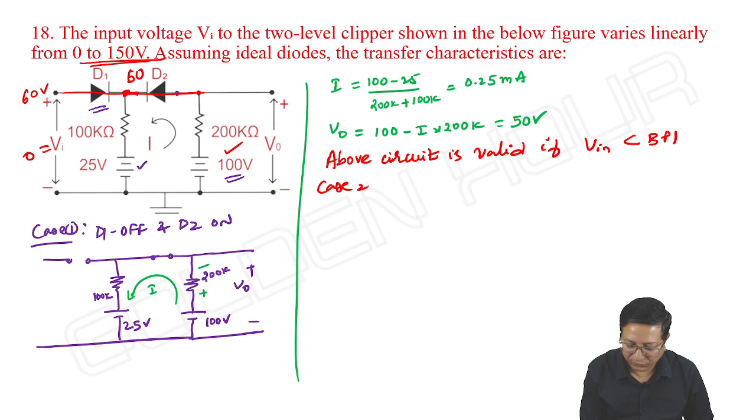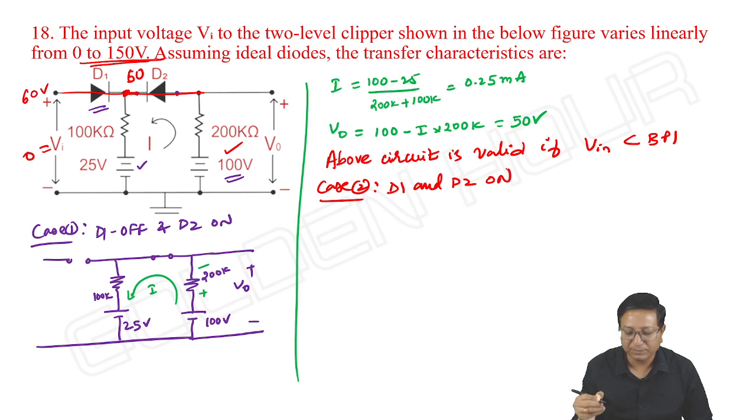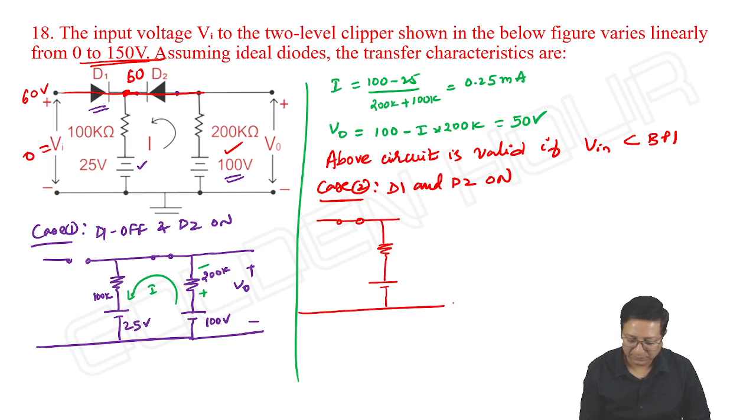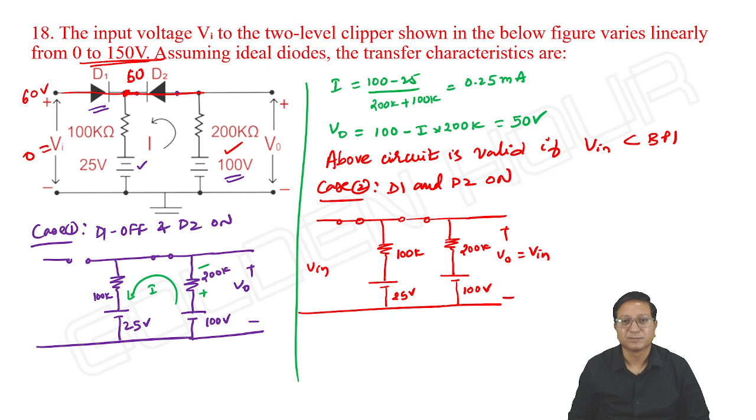Okay, so case 2, both D1 and D2 are on. So what is the equivalent circuit? Output is equal to input. Is it not so? And how long is this possible?